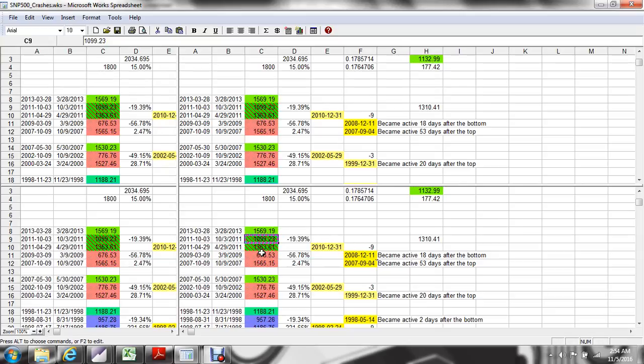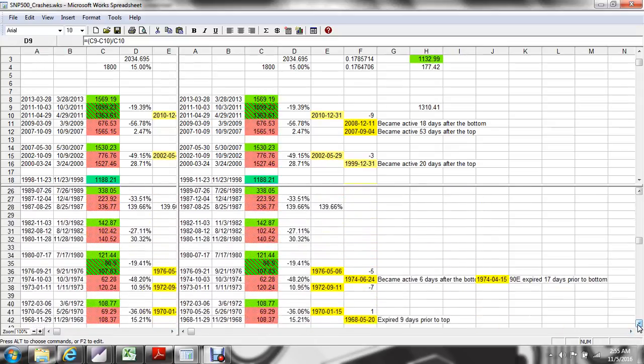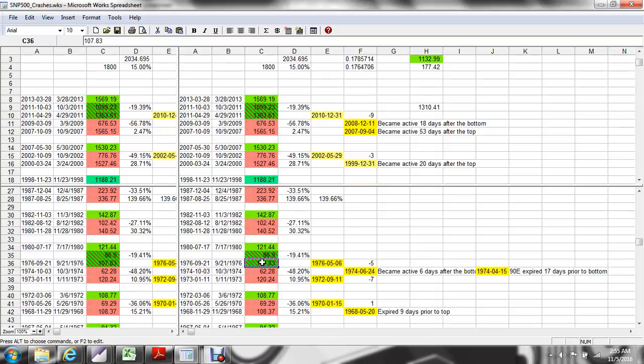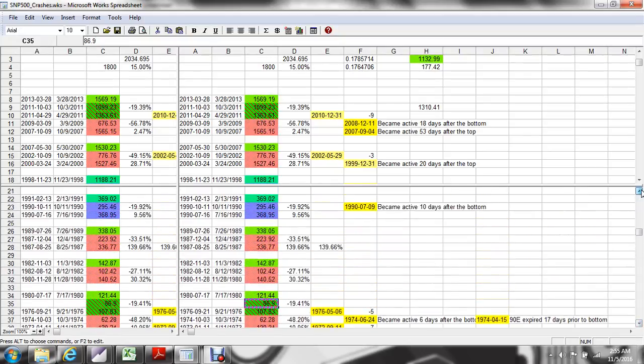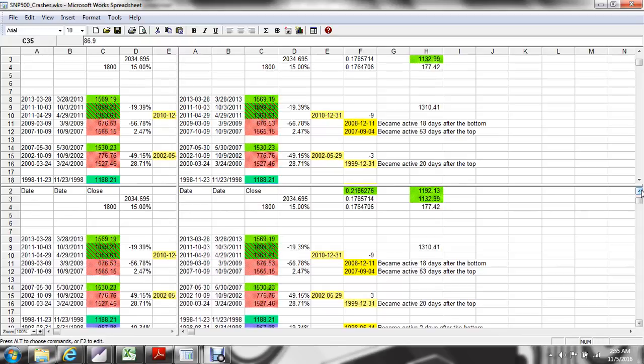And this was the drop, a 19% drop within the crash. So in fact, there was a crash within a crash here. This actually, or pardon me, this wasn't a crash. This was a near crash too, in the 70s. So you can see these indicators become active often during market crashes or near the bottoms.